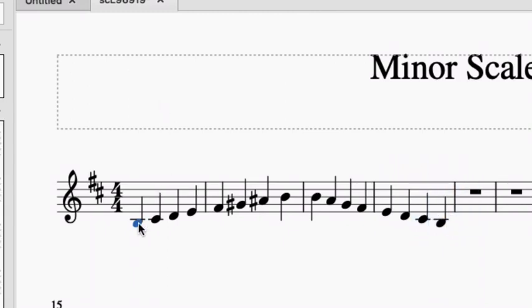Listen again. And out of the 3 minor scales, natural, harmonic, and melodic, this is the rarest.